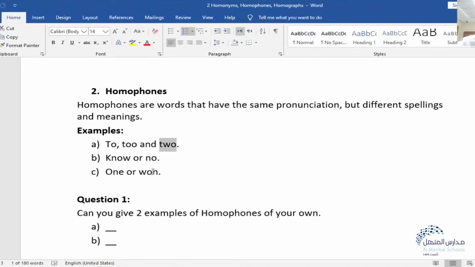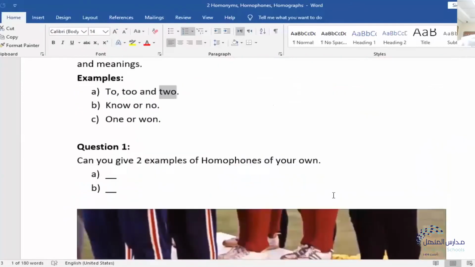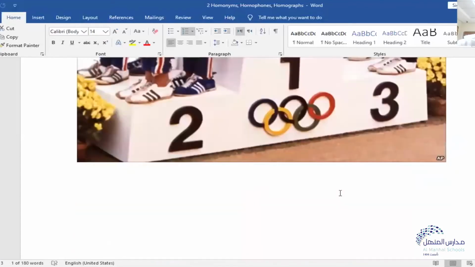Won and one. One means winner, one means number one. The example here, one is number one, and these are the people that have won. Think of the Olympics in that image. Again, same pronunciation, different spelling, different meaning altogether, right?